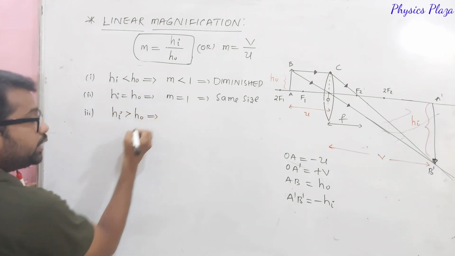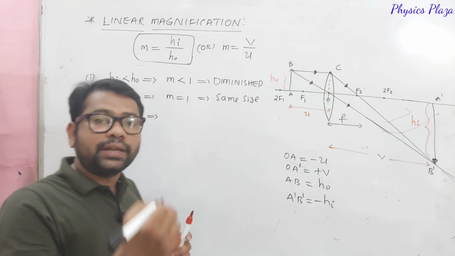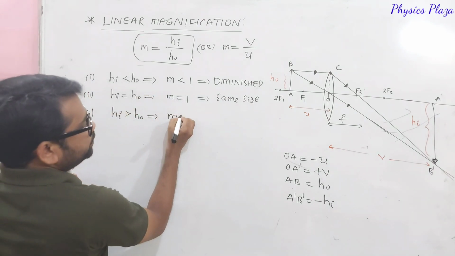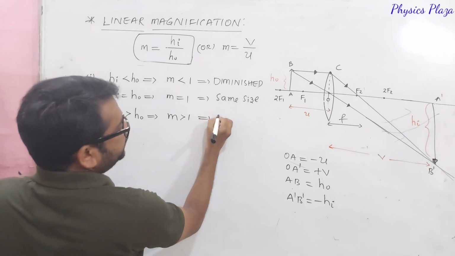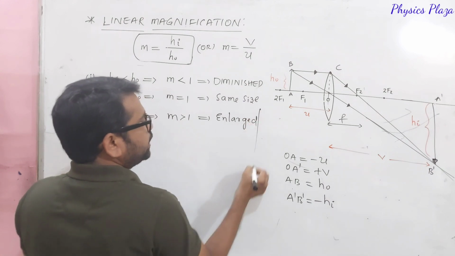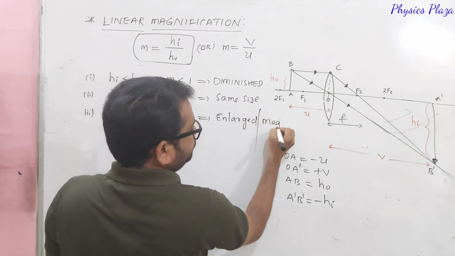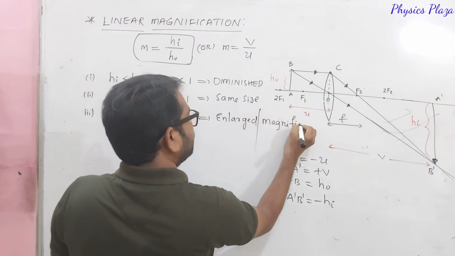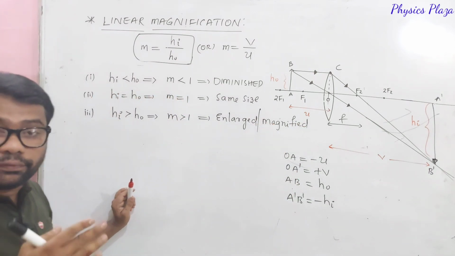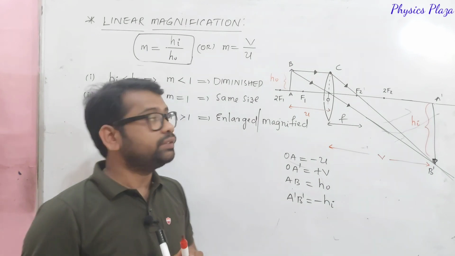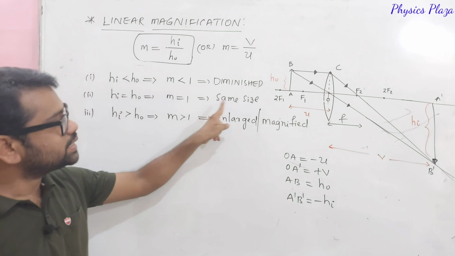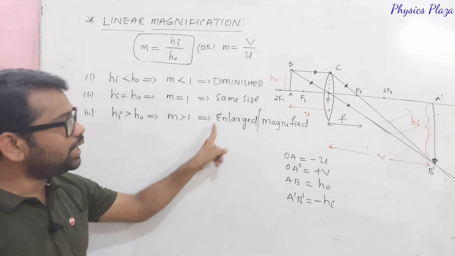If the image height is greater than the object height, then m is going to be greater than 1. So it is an enlarged image, or we can write it as magnified also. So children, this is the information we get if we know the value of m. If m is less than 1, it's a diminished image. m equal to 1, same size. m greater than 1, enlarged.